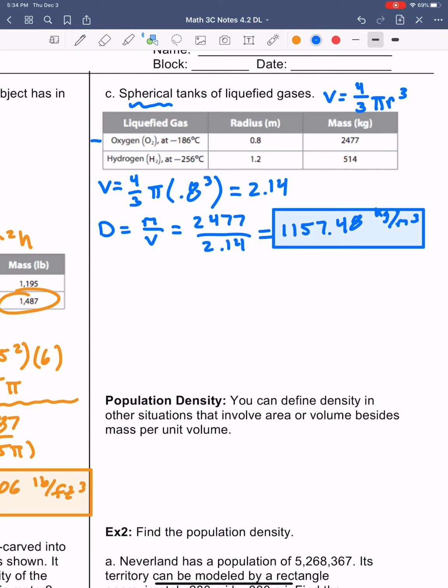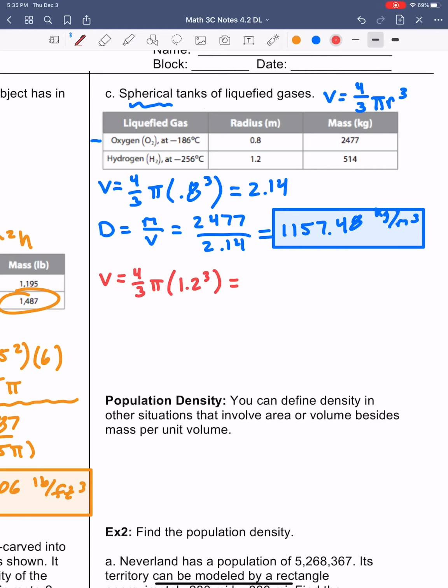Okay. And then for the hydrogen, second formula here, so we're going to say V equals 4/3 pi, the radius, which is 1.2 cubed. And again, I would do 1.2 cubed, and then I would multiply it by 4/3, and then multiply it by pi, but you can actually do it in any order.